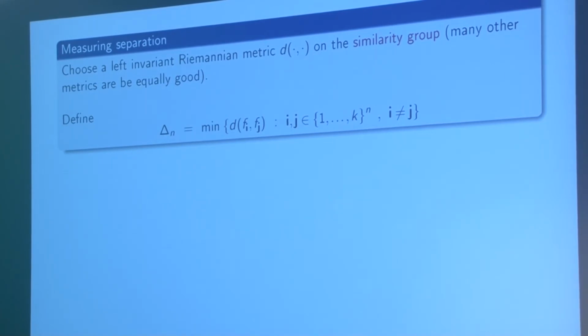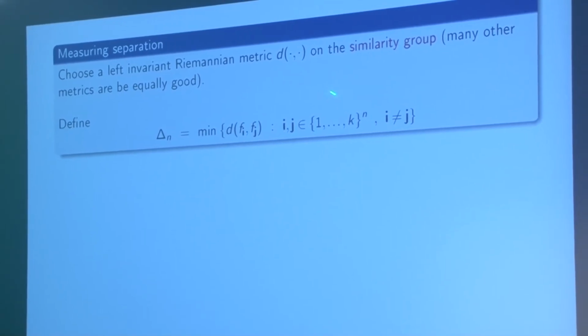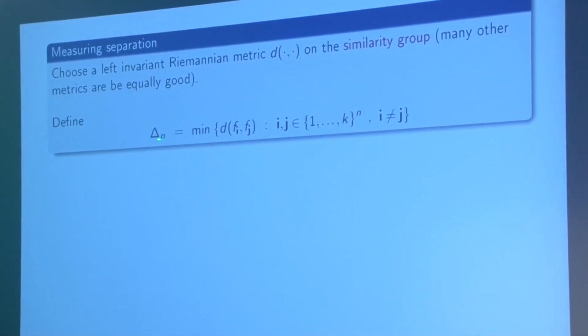Many other metrics you could take will work equally well for these definitions, and some of them are more pleasant. In any case, let's just choose a left invariant Riemannian metric, and then let's define delta n to be the closest that 2 compositions of length n of our maps come, as long as the compositions are different. That is, we take 2 different words of length n over our family of maps, and we take the smallest distance of those 2 maps to each other.